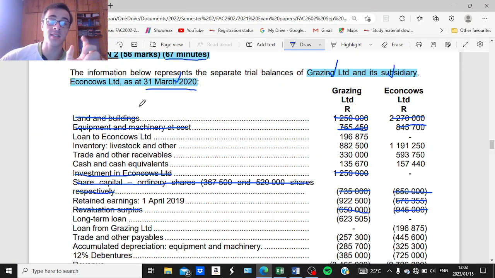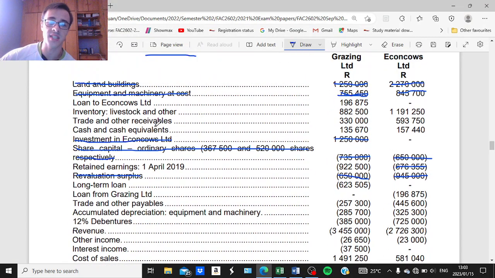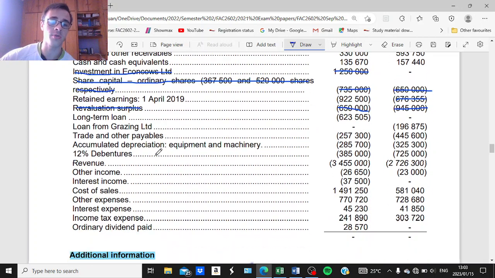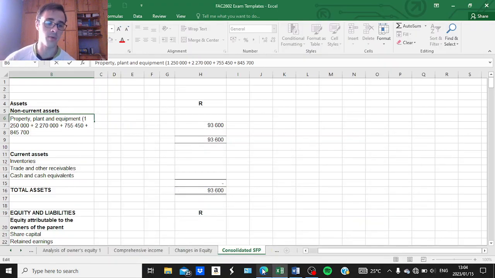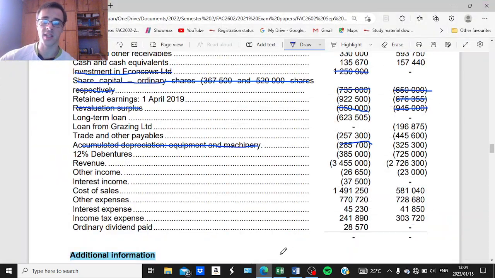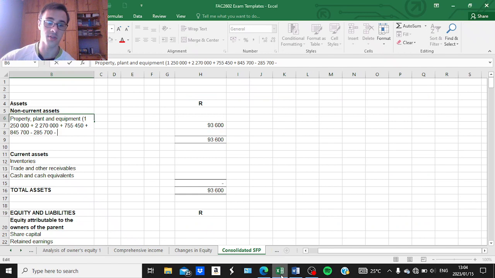So we need to subtract the accumulated depreciation on equipment and machinery. So therefore we have to subtract 285,700 for the parent, and we need to subtract 325,300 for the subsidiary.